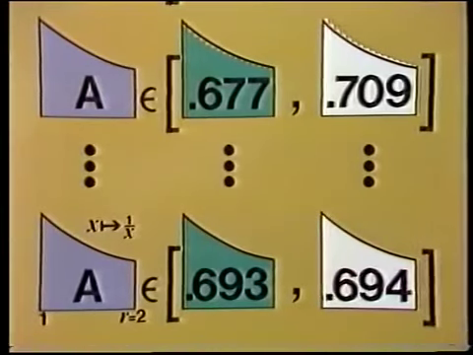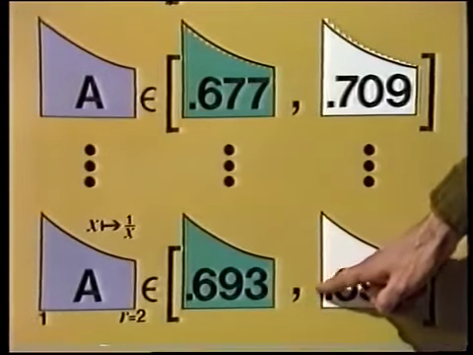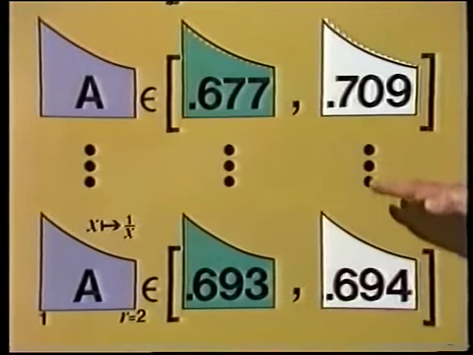And so we know that A lies between 0.693 and 0.694. Now that's the best we can do working to 3 decimal places. But we could calculate A as accurately as we pleased, simply by working to more decimal places and by calculating more intervals.